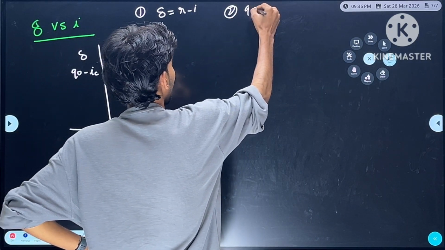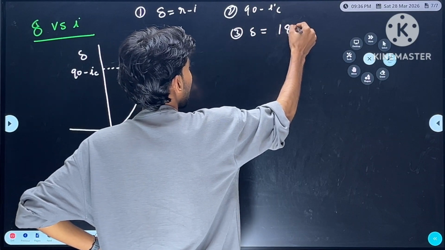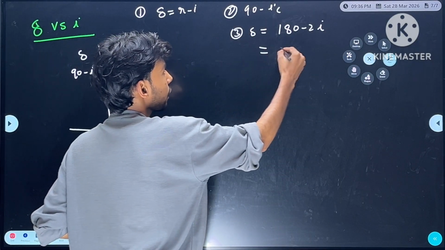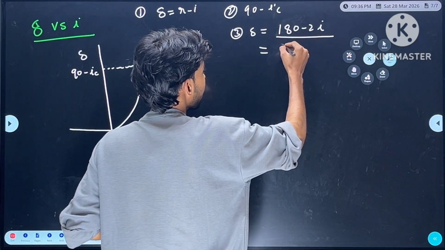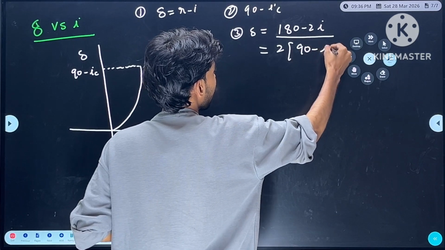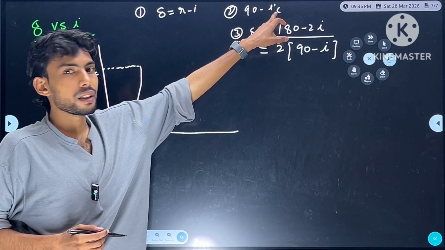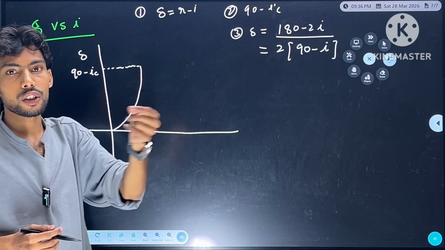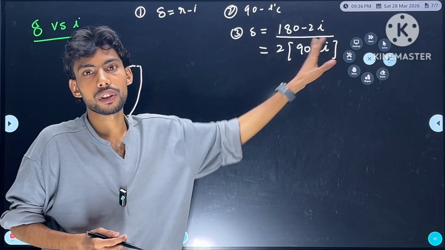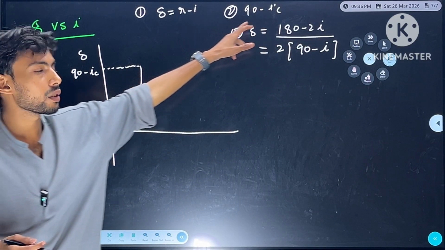In the third case, you got the value of delta equal to how much? 180 minus 2I. If I take 2 common, what will I get? 2 times 90 minus I. So if I increase I a little bit more than I_C by a small value, what will happen? This delta becomes almost double, 2 times 90 minus I. So when I was equal to I_C, the delta value is 90 minus I_C.